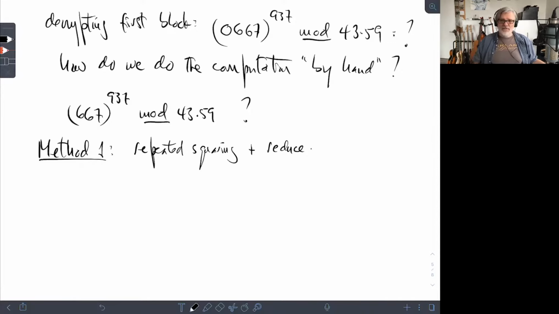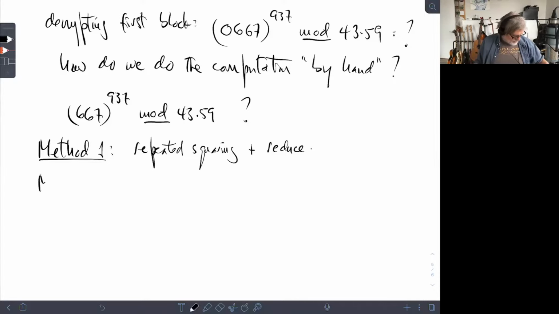Okay, and I've discussed this before. So what you would do is basically you look at 937, you write it in binary, and you use repeated squaring, which is a fundamental technique, by the way, to go faster. And I will use that, but I'm not going to work mod 43 times 59. I am going to work with smaller numbers. There's a little price to pay at the end, but it turns out it's not so bad.